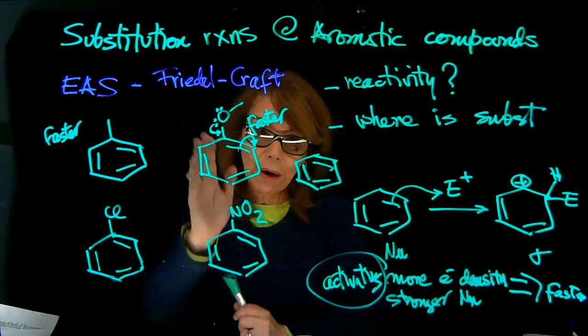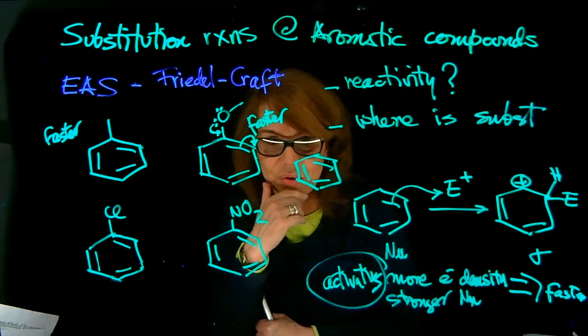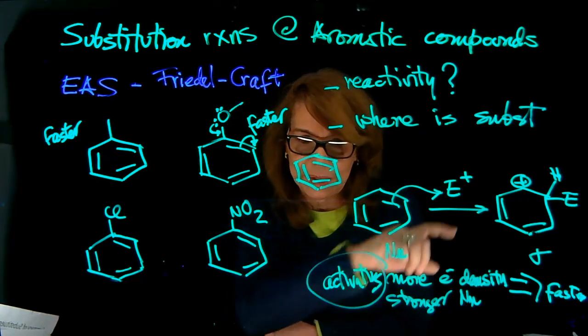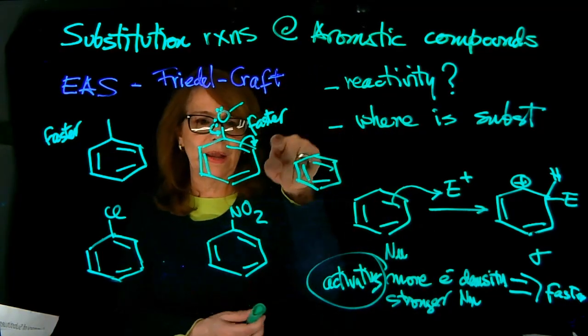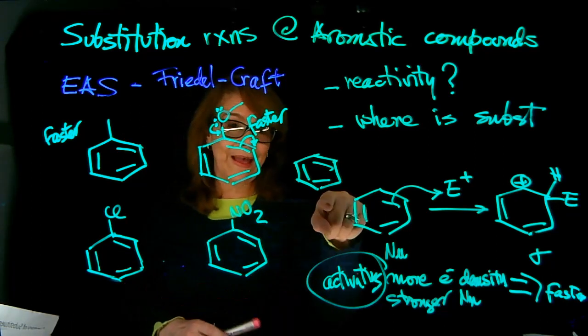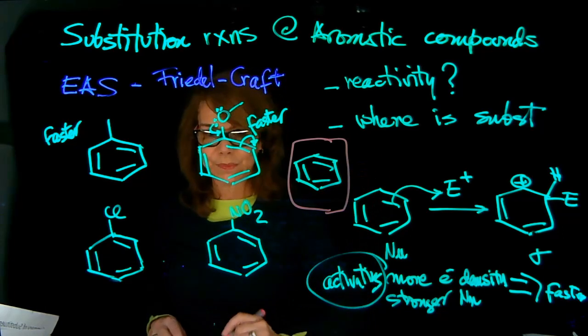In other words, we are donating by resonance. You can see that you're donating electron density to the ring, and anything that has more electron density here makes the nucleophile stronger, so it reacts faster.